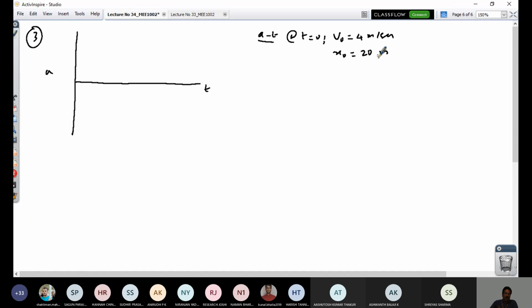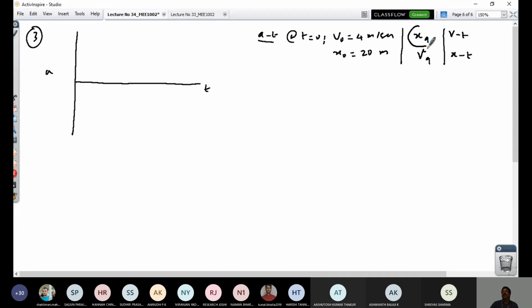So if that is so, you have to find what is its position x9 at 9 seconds, and what is its velocity, and also you have to plot the vt graph and the xt graph. So these are the things.